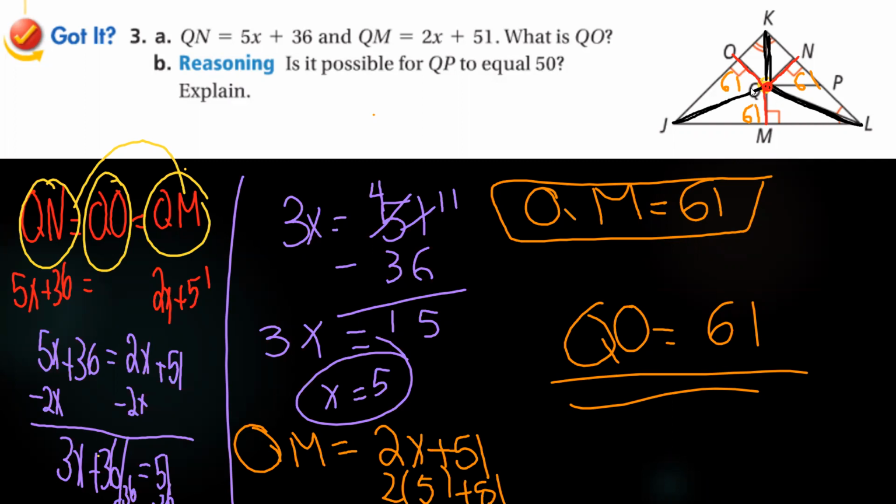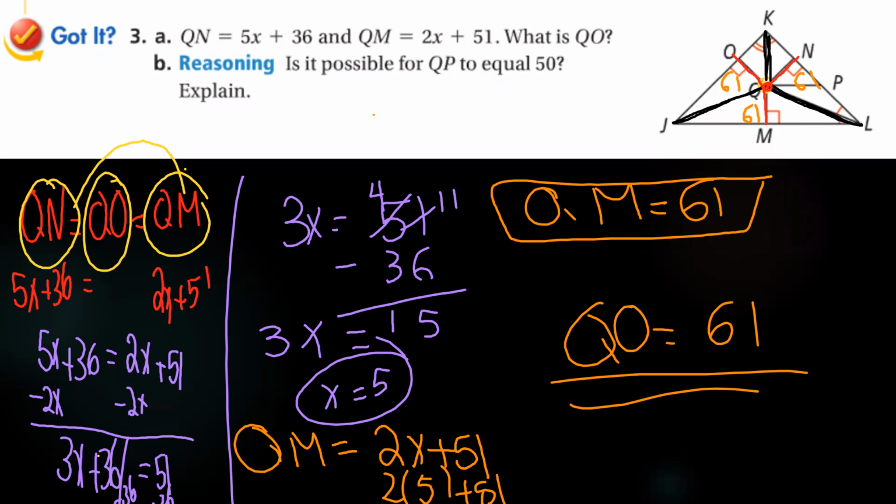I'm sorry, I thought that was one of my answers. Could QP be equal to 50? No, because QN is 61, and these are 61. So QP could not be 50; it must be greater than 61.